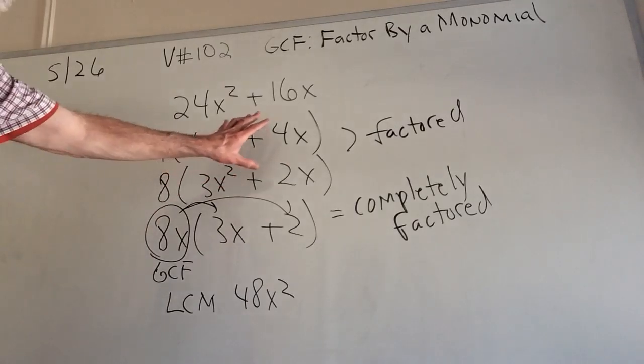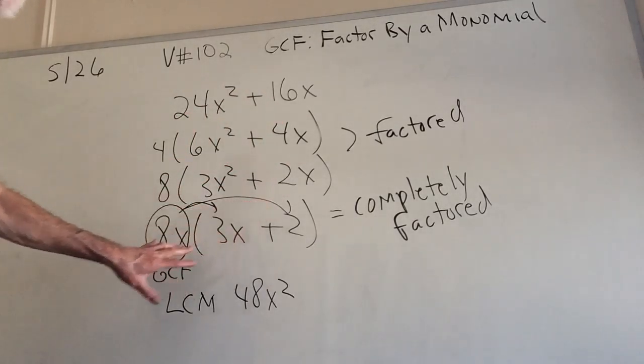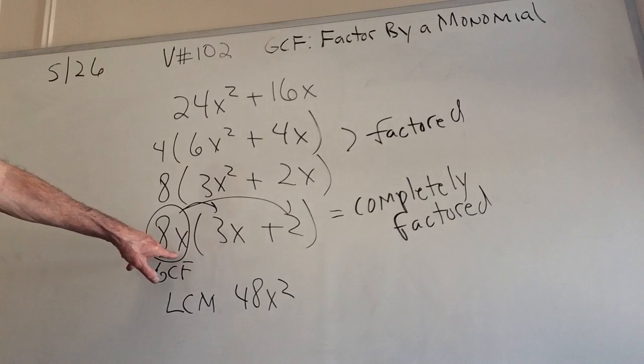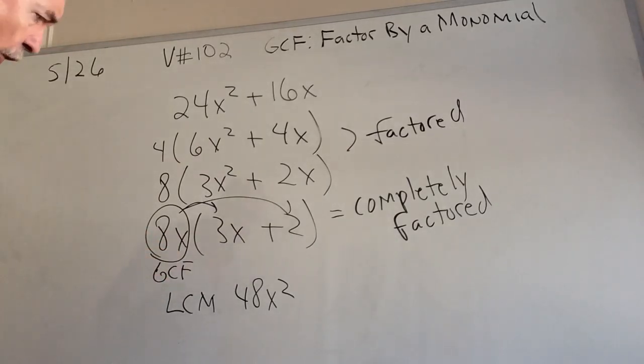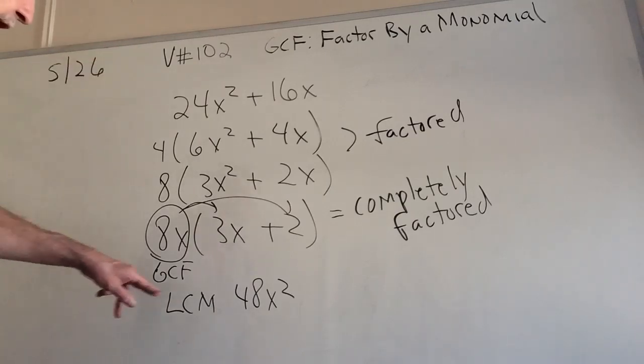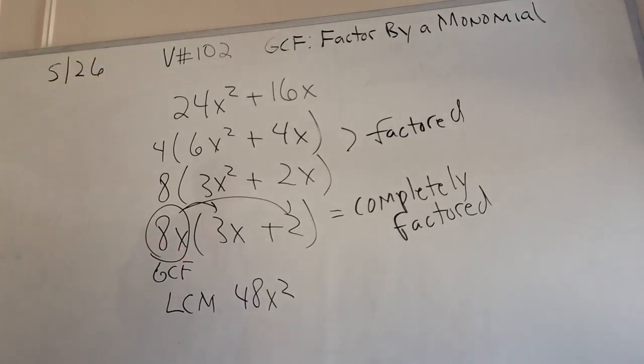Here I factored it incompletely, but on the last line I factored it completely, and that's what we're looking for when we do math. Okay? And just like I found the LCM of 24 and 16, I also found the LCM of 24x squared and 16x, and we can double check ourselves, and then I'll end the lecture.